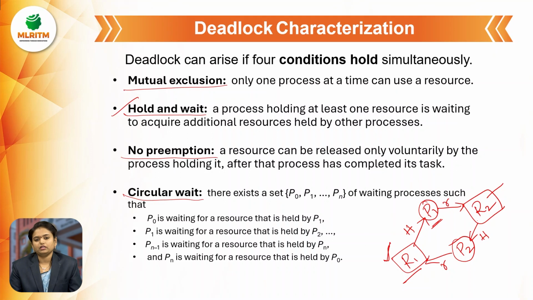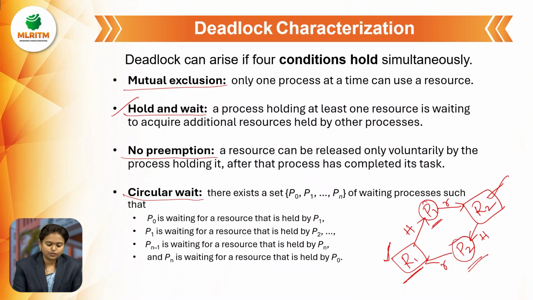The process P1 cannot release R1 until it completes its execution. So until its execution, it holds resource 1, and it is waiting for resource 2. Same P2 also. In this case also, deadlock may occur.